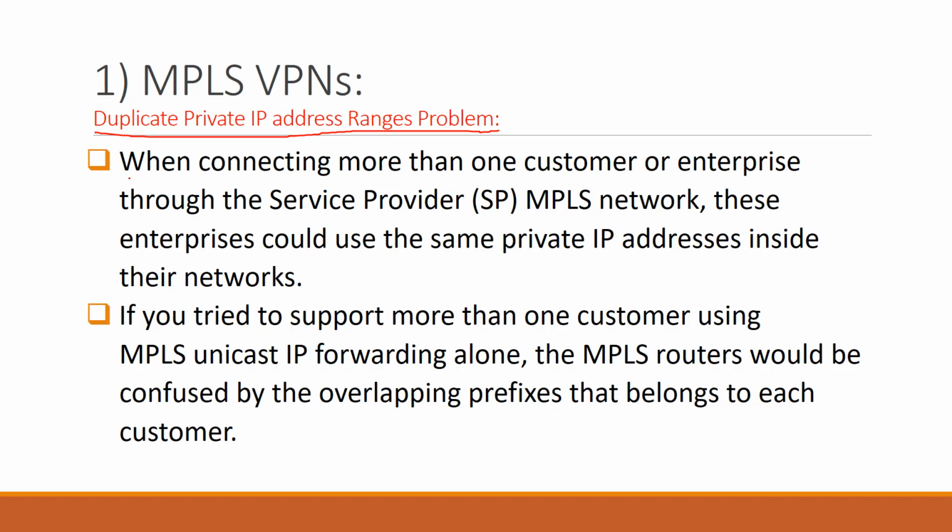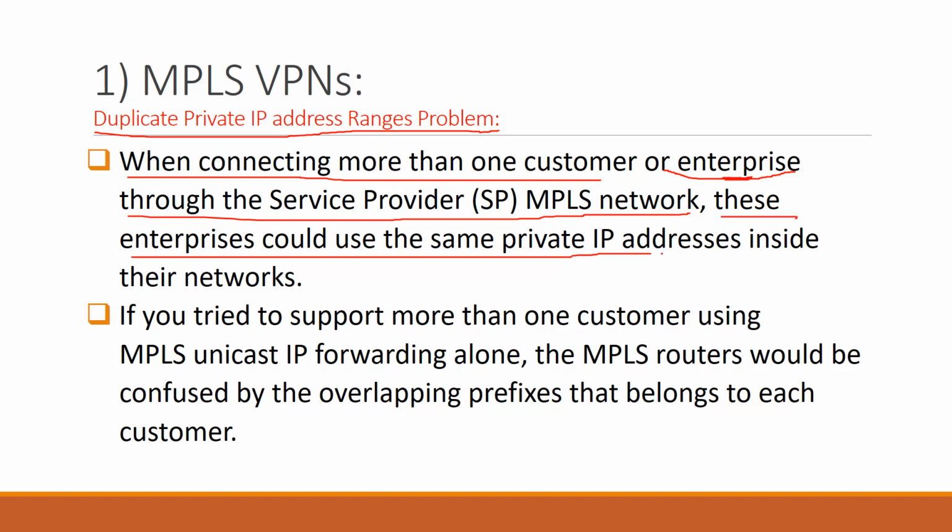So to discuss this problem, let's say that when connecting more than one customer or enterprise, and usually I use the word enterprise to represent the customer, through the service provider MPLS network, these enterprises could use the same private IP addresses inside their networks. Something possible.